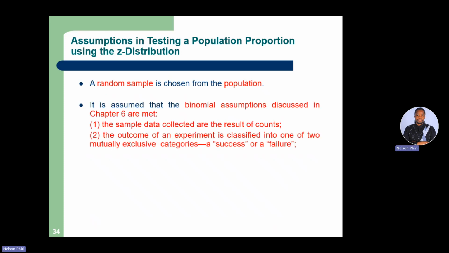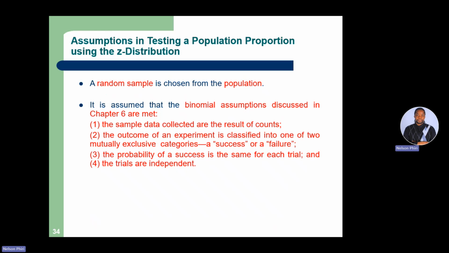So a random sample is chosen from the population. So these are the distributions that we're going to use if you want to conduct a test for a population proportion. We assume that the sample data is collected as a result of counts, and we assume that there's an equal likelihood of success or failure, which are equivalent to the binomial assumptions that you discussed in chapter 6.